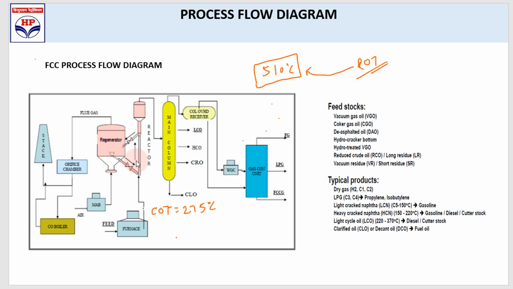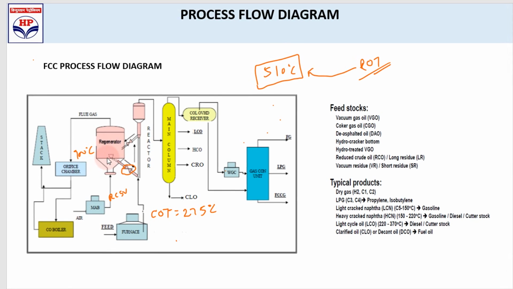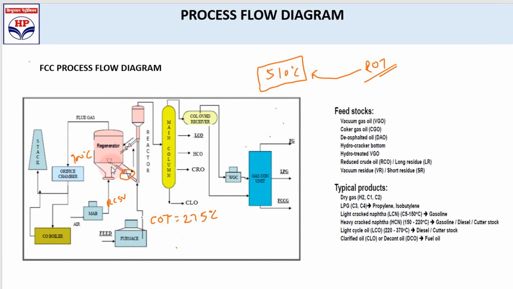Now it will be cascaded, giving control to the slide valve, the RCSV, regenerated catalyst slide valve. Now the temperature in the regenerator is around 700 degrees Celsius. That 700 degree Celsius catalyst will come into the reactor.